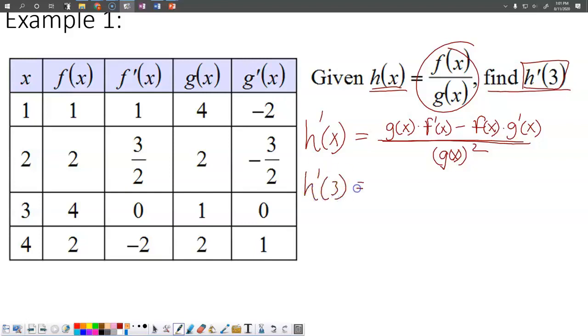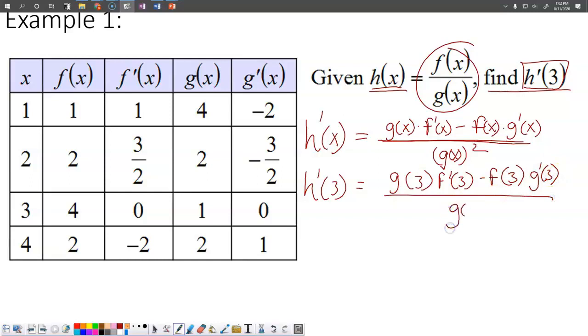So now I'm going to go ahead and plug in 3 to the function for the derivative. After this, you guys know it's all about just getting your stuff out of the table and simplifying it. So here we go. G of 3. G of 3 is 1. Next one.